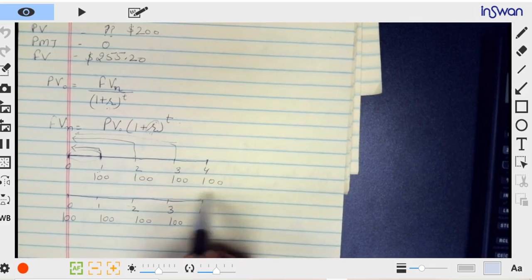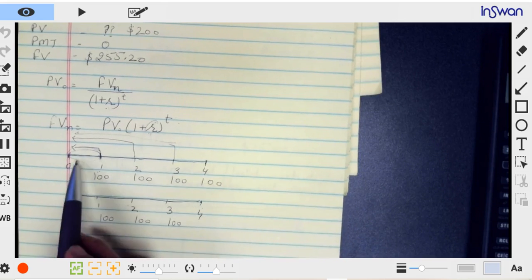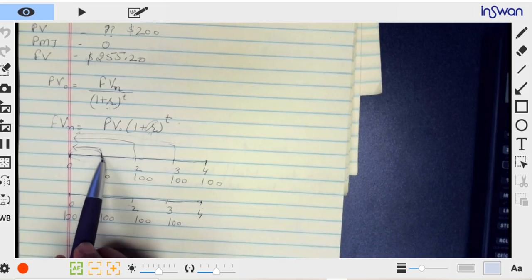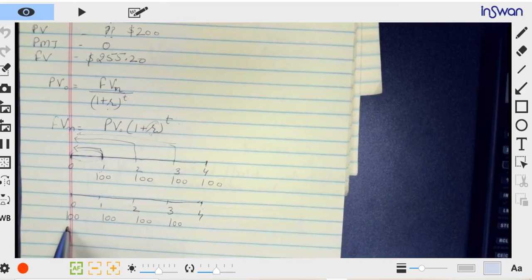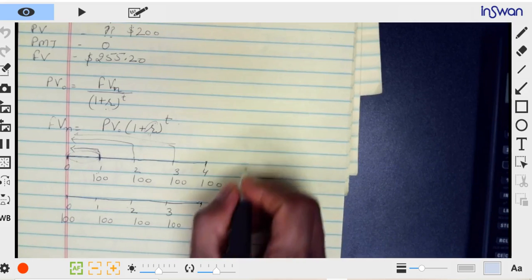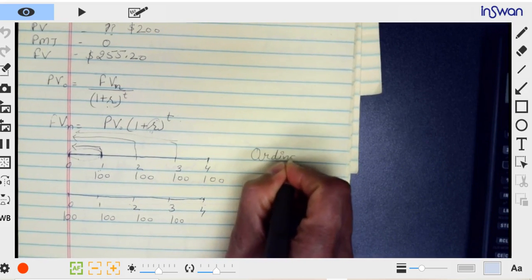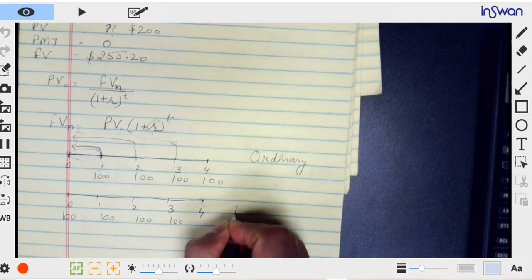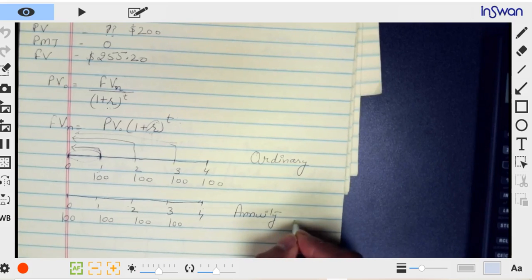The payments are exactly the same. These are also 4 payments, but here the first payment was at the end of the first period, and here it was in the beginning itself. So this is ordinary annuity and this is annuity due.